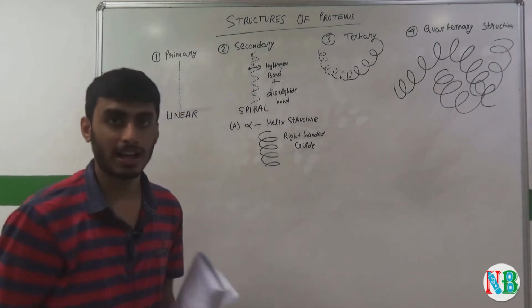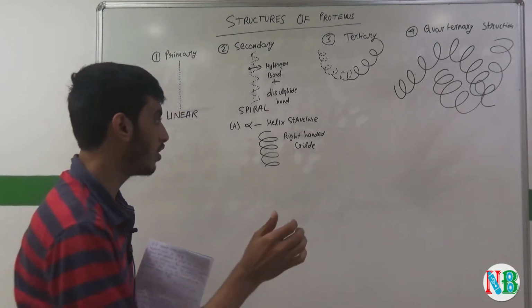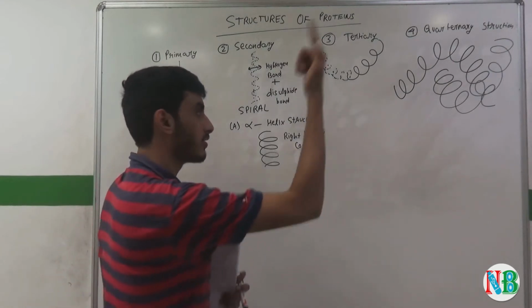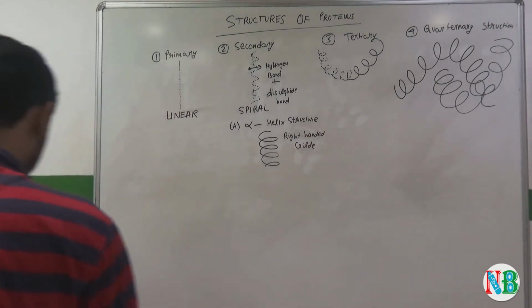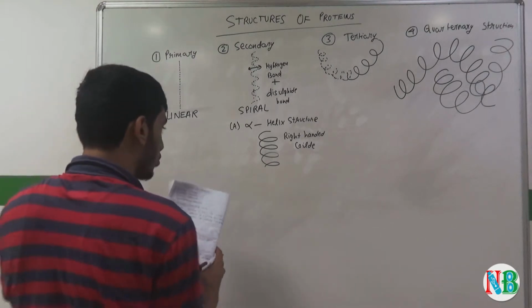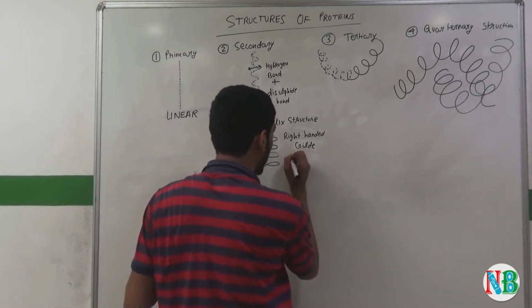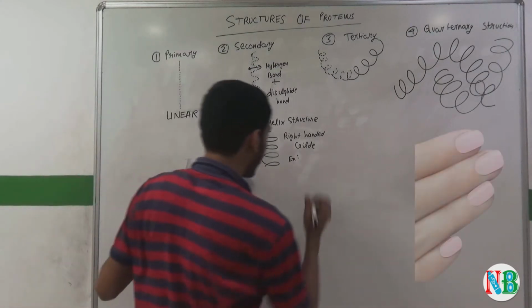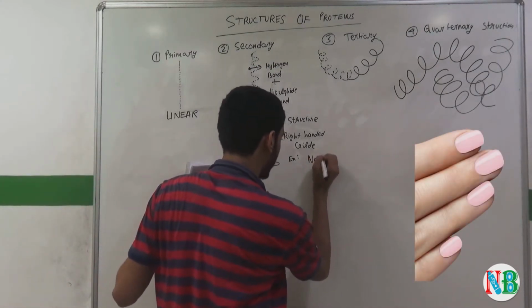You have to apply the rule of the right hand. So it has to go like this. Use your right hand thumb rule. An example of the alpha helix kind is your nail wool.